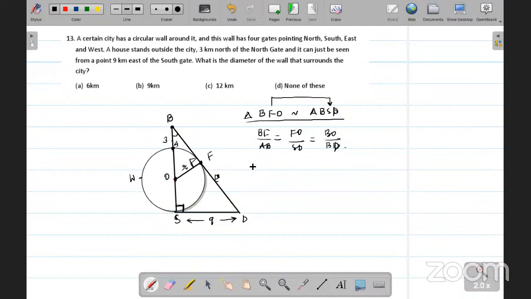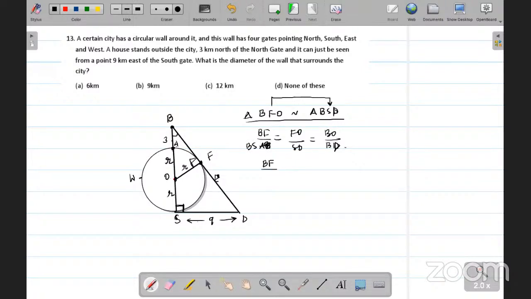And now all you need is to just substitute. This is also R, this is also R. So BF upon AB, the value of BF is not known to me, so I'll just keep it as BF. Sorry, BF upon BS, not AB, BF upon BS.